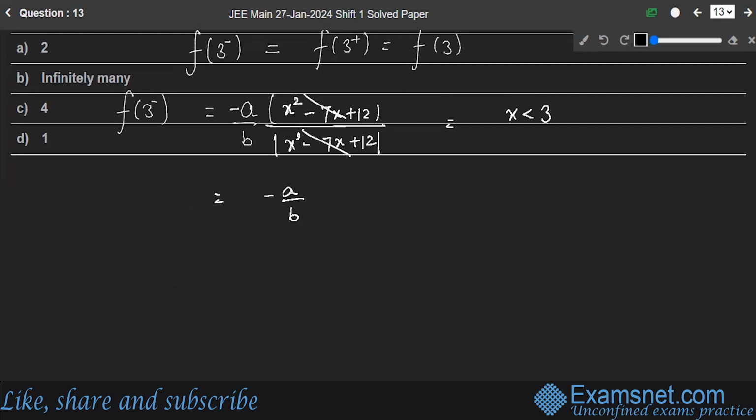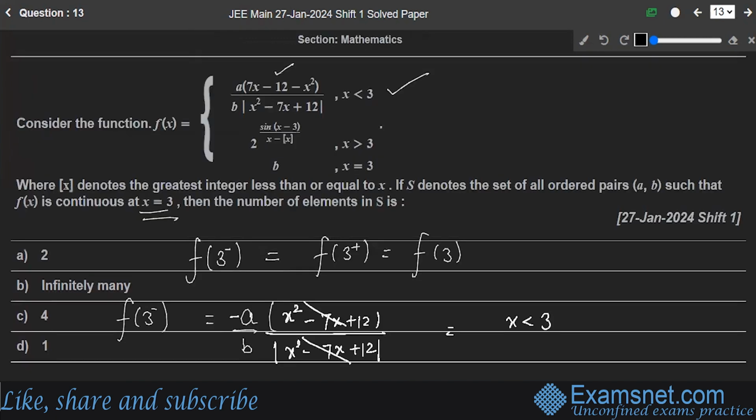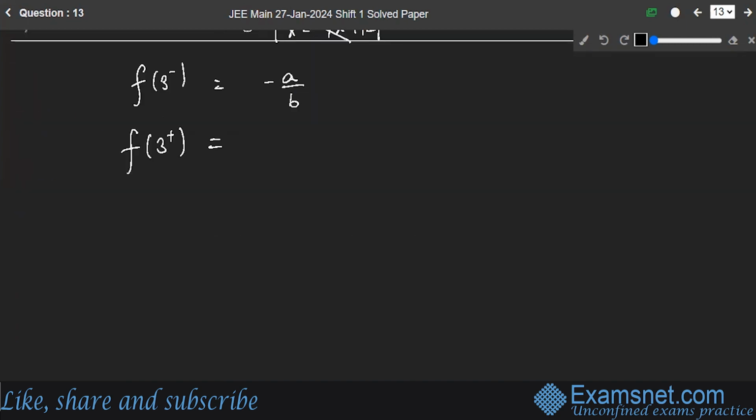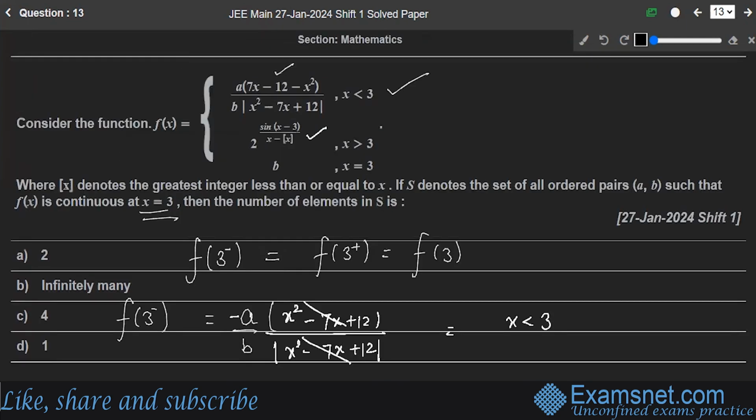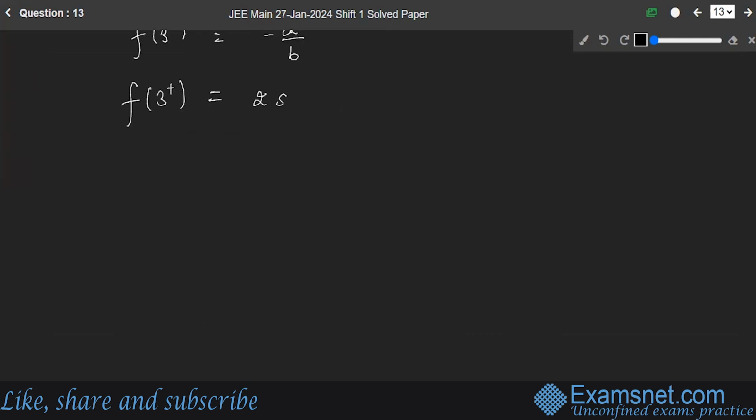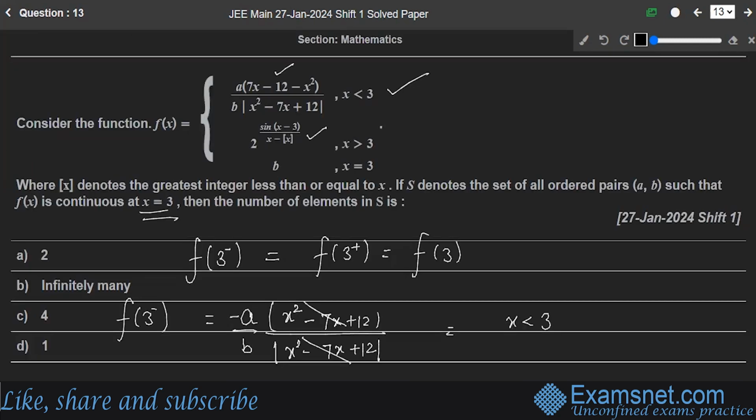All right, so let's go for f(3 plus). For f(3 plus), I'll be considering this function. This is equal to 2 raised to power sine(x minus 3) upon (x minus greatest integer x).